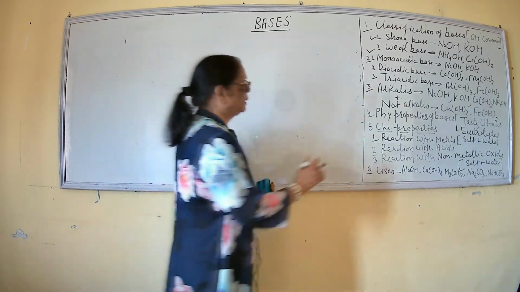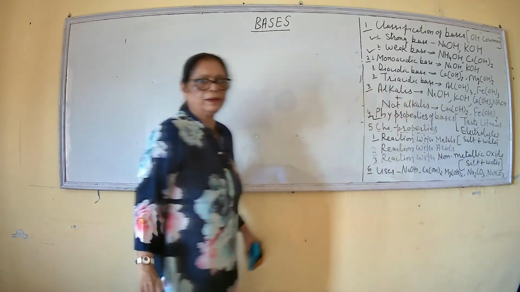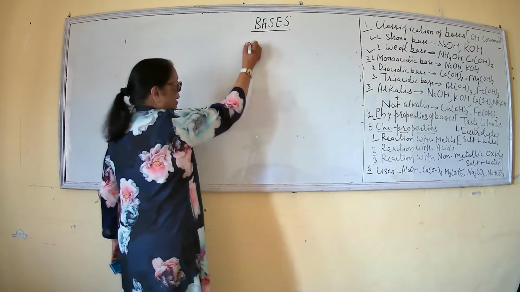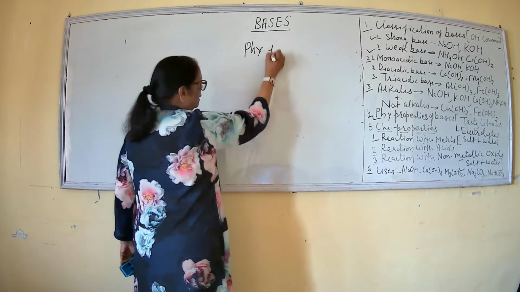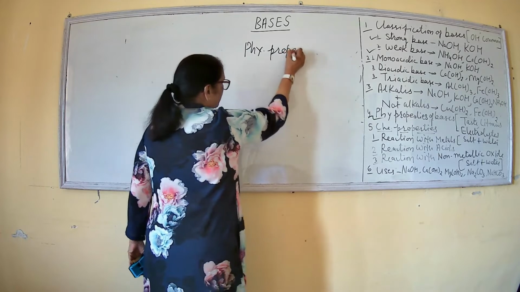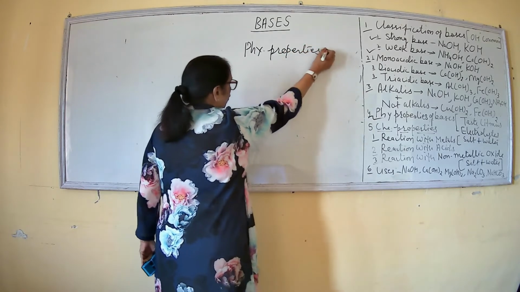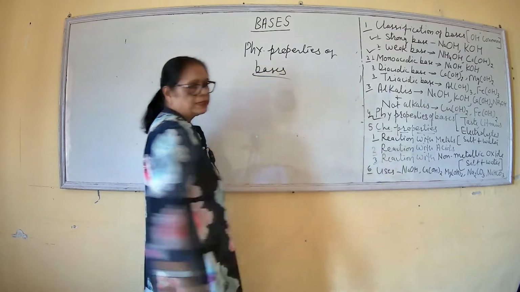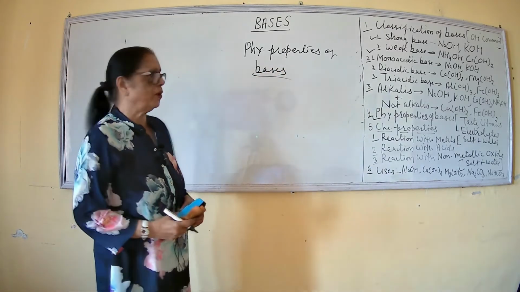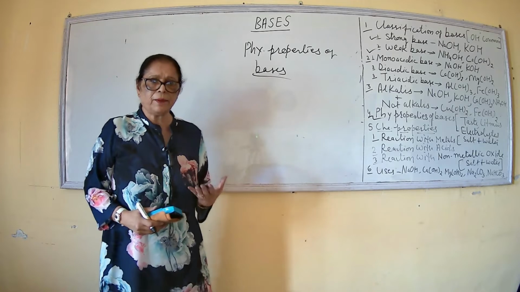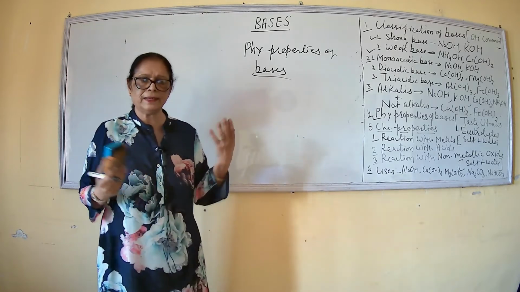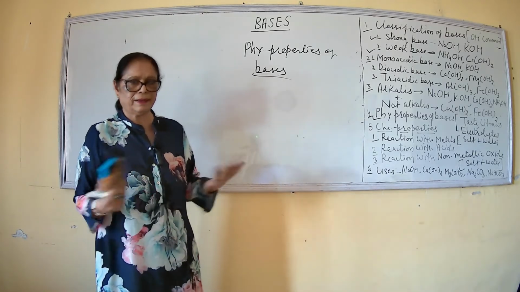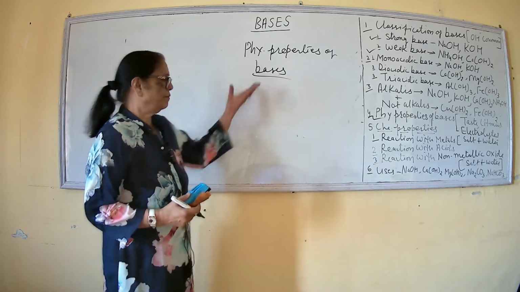And after that comes our physical and chemical properties. So first of all, I will explain the physical properties of bases. Now, what are physical properties? Like taste, and what color they have with litmus paper.